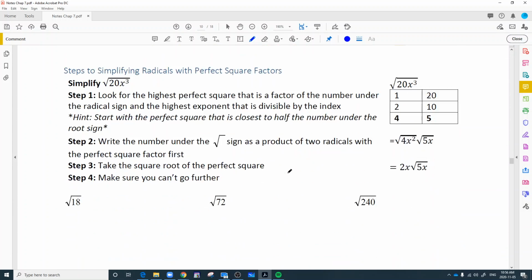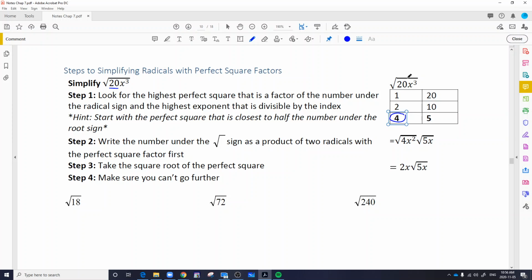So how do we simplify? Well, the steps to simplifying radicals are looking to see if your radicand has any perfect square factors. So for example, if I look at the factors of 20, I've got 1 and 20, 2 and 10, and 4 and 5. 4 is a factor of 20 that I can take the square root of. So what we're going to do is the reverse of multiplying.